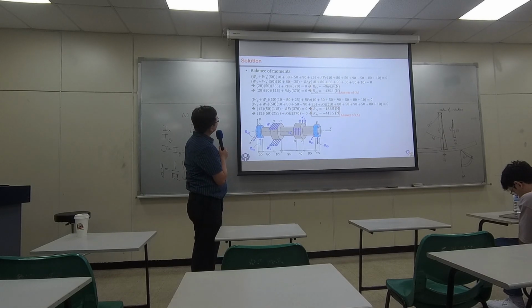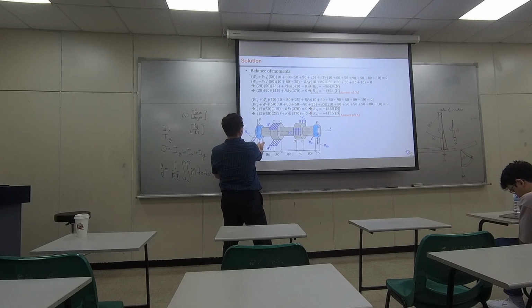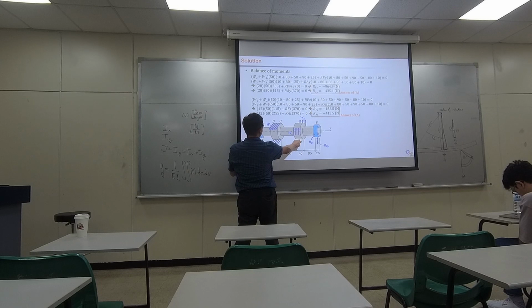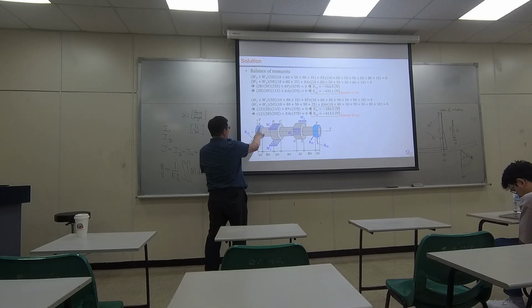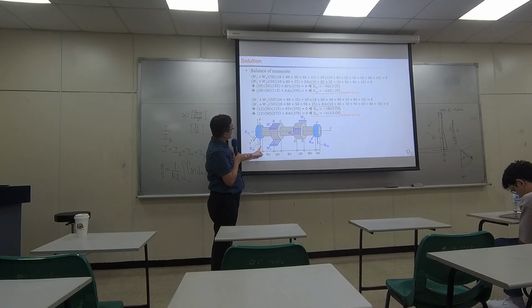And I am choosing point A as a supporting point. So this RAY doesn't need to be included in this equation. I'm choosing it as a support, okay, as a center.